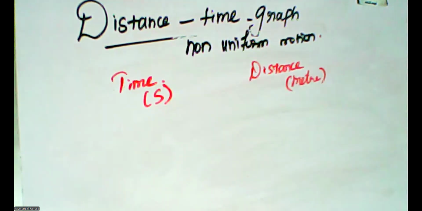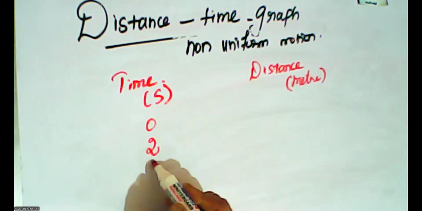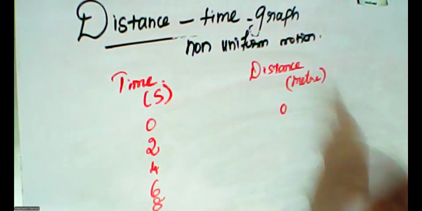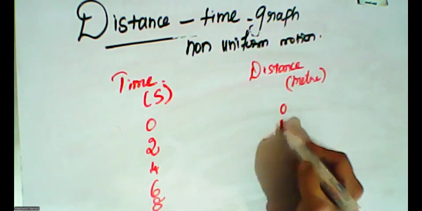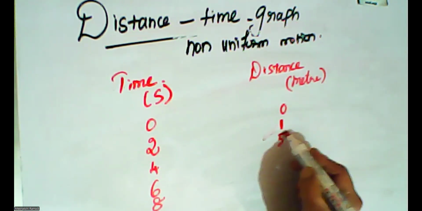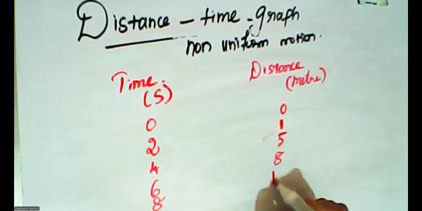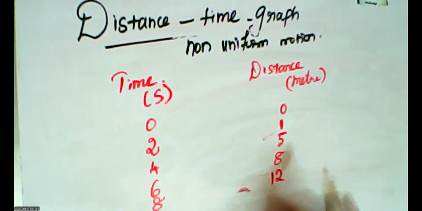Each and every second, how far the car crosses. At 0 seconds, 0 meters. At 2 seconds, 1 meter. At 4 seconds, 5 meters. At 6 seconds, 8 meters. At 8 seconds, 10 or 12 meters, like that.